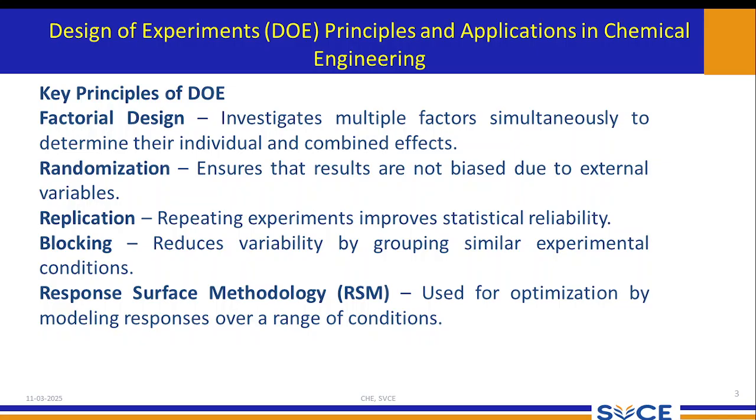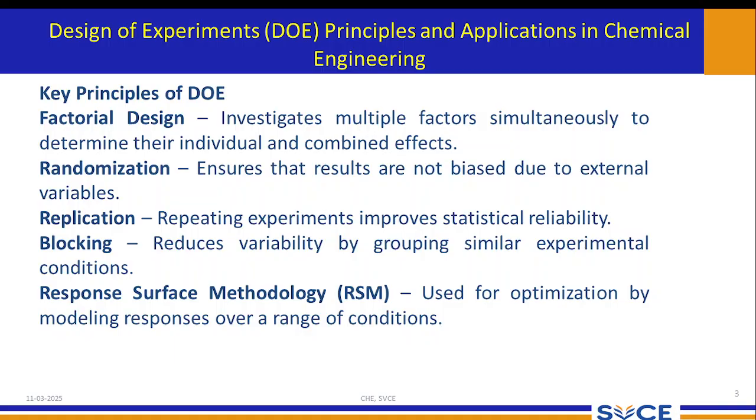Randomization ensures the results are not biased due to external variables. When you think about the external factors of the experimental condition, for example the cooling effect, if the experiment has been conducted in an air conditioned room, then the external factor is the cooling temperature, so it should not affect the process. For example, the effect of external temperature in absorption.